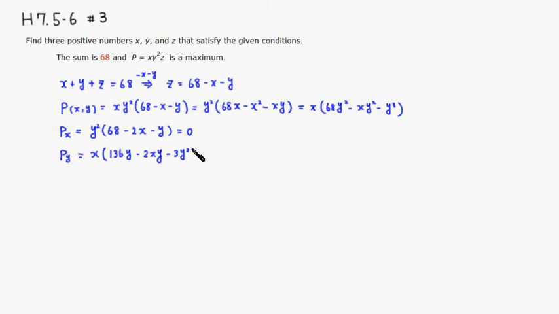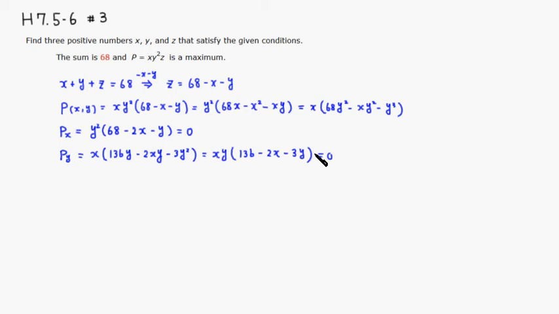Since every term seems to have y in it, I'm going to pull out y. So you're going to have xy times the quantity 136 minus 2x minus 3y. We're going to set that equal to 0.